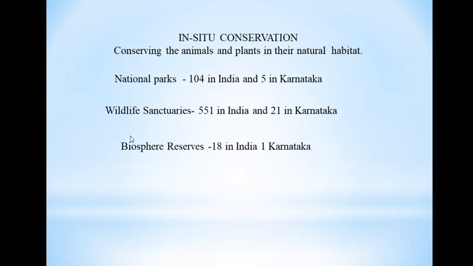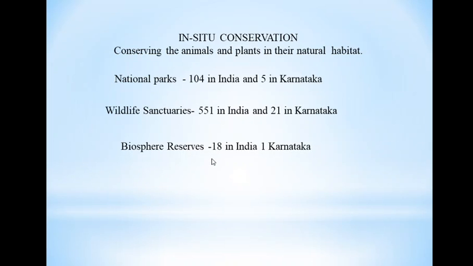These are the larger areas. Most of the time we see one or two national parks or wildlife sanctuaries within these biosphere reserves, that is Bandipur and Nagarhole, both national parks in the biosphere reserve. These are very large, vast areas where everything, flora, fauna, atmosphere, soil, even microorganisms, is completely protected.